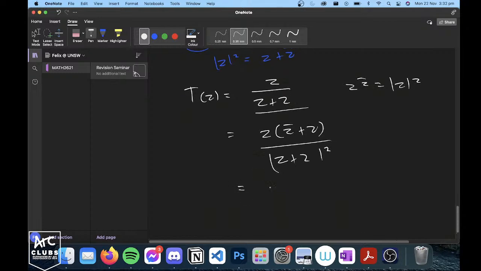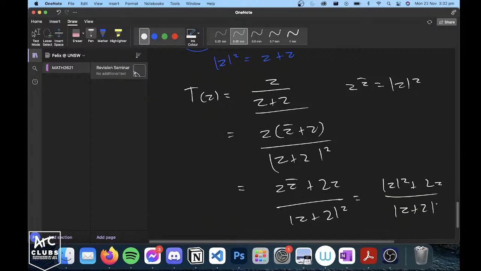When you expand this, you get |z|^2 plus 2z over |z + 2|^2.